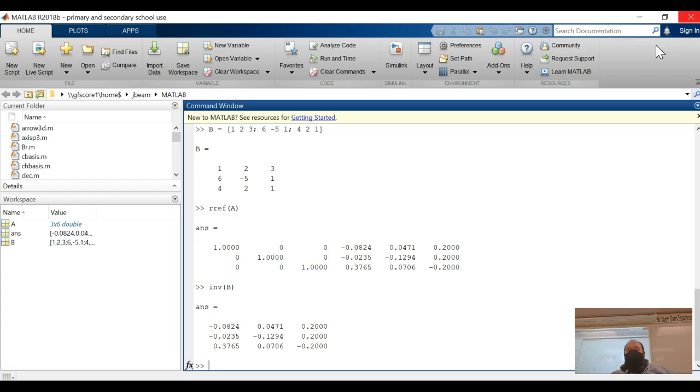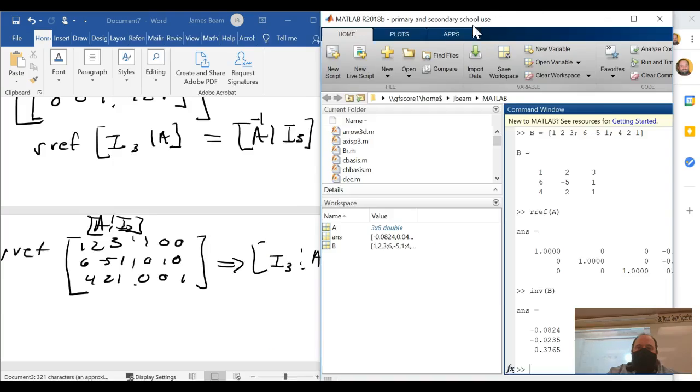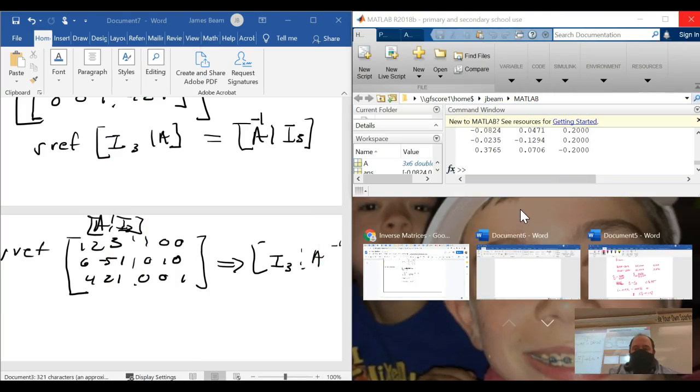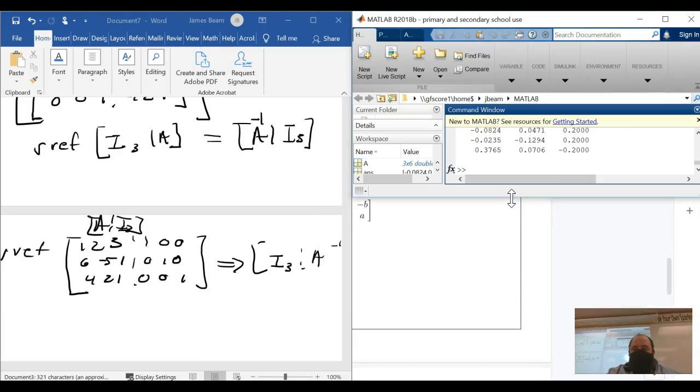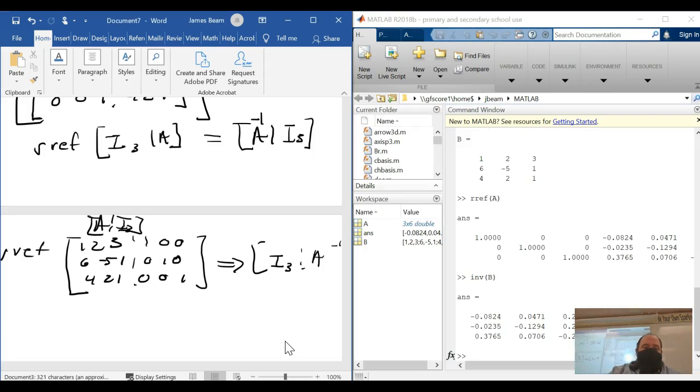Now, something to realize is that computing inverses for the machine is actually kind of labor intensive. It's not the easiest thing in the world to do, but it does it quickly because it's very fast. All right, so the other thing that can be visualized is another visualization of the system of equations.